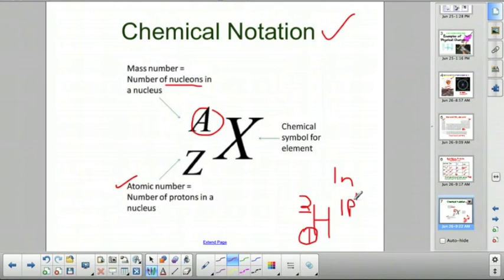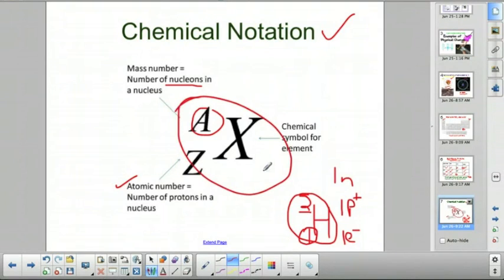And because all elements, as they're written on the periodic table, are neutral, which means they have no charge, we can also say that this particular element has 1 electron. 1 neutron, 1 proton, 1 electron, mass of 2, and an atomic number of 1. And there's your chemical notation. This is just a generic, okay?